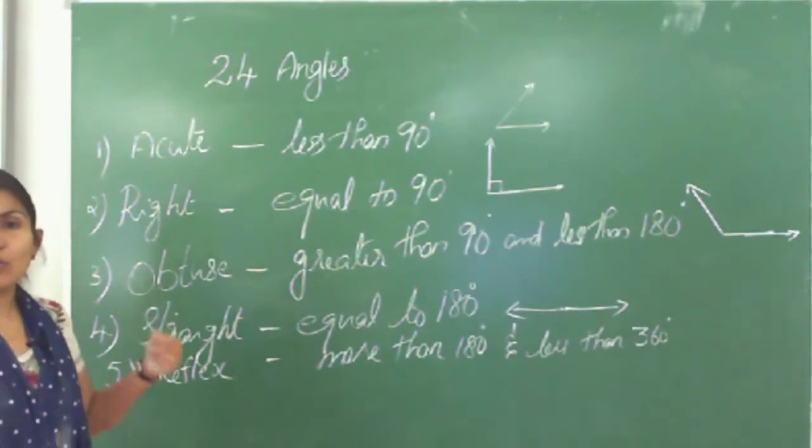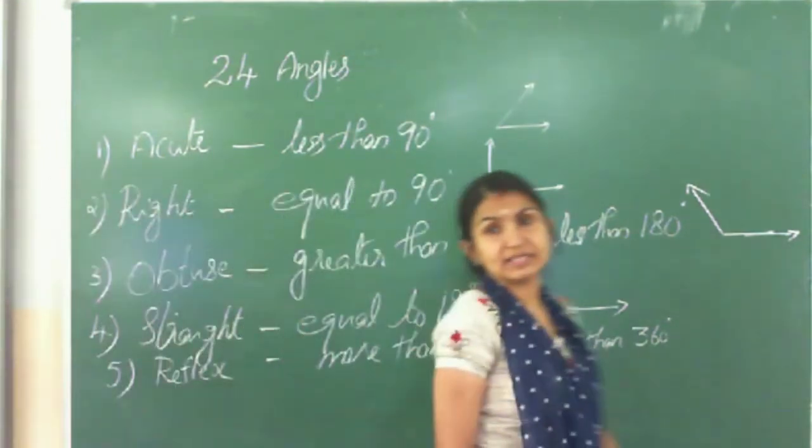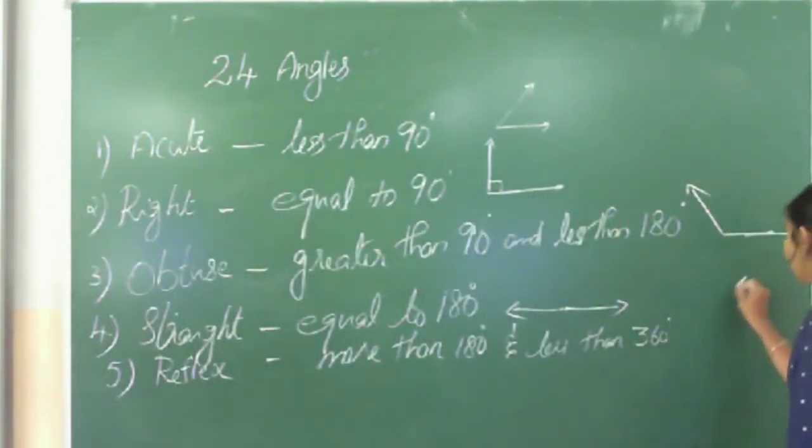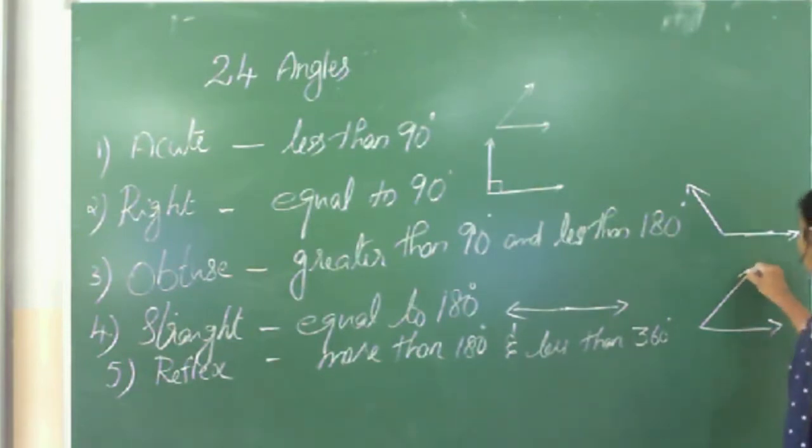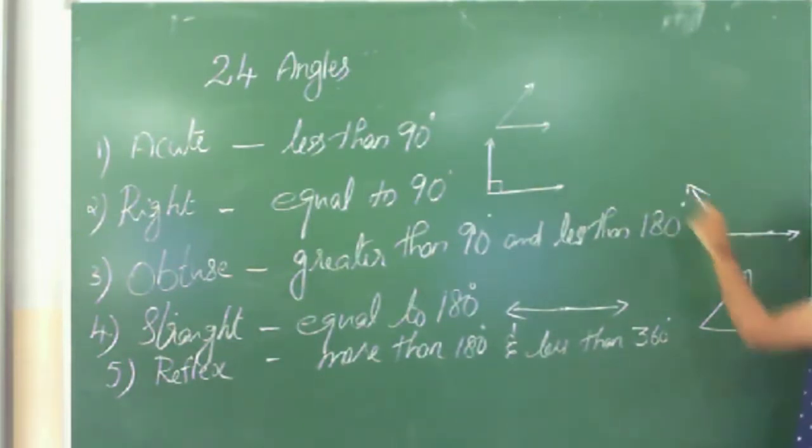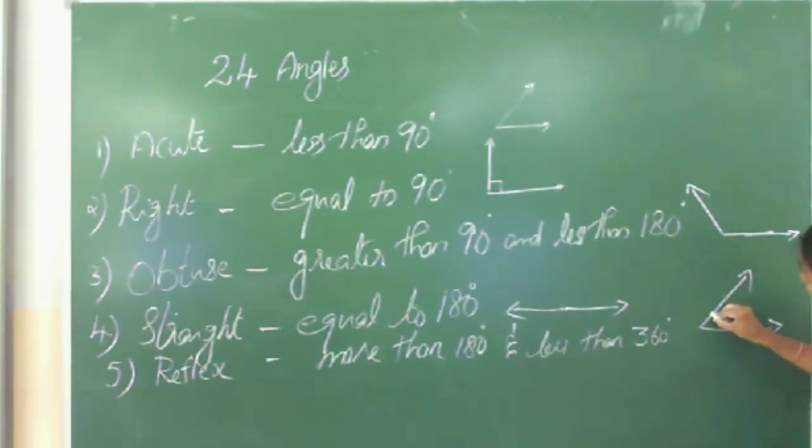Just listen how I am drawing this reflex angle. When we are drawing this one, you can see that this is an acute angle, right? If we are marking here, then it will become an acute angle.